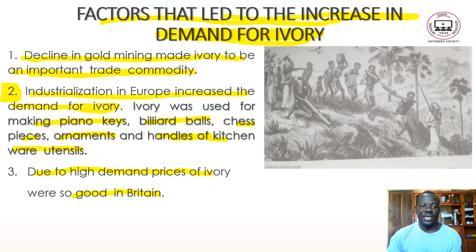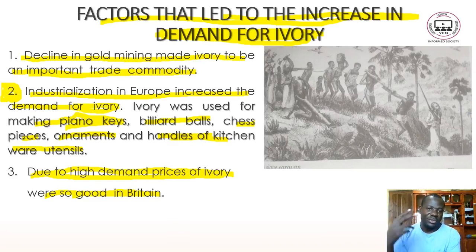People in Europe now had industries, hence they needed raw materials that they could use for different things. We have said that they were using ivory for piano keys. So those industries needed much ivory to make more pianos. And again, due to high demand, prices of ivory were so good in Britain.